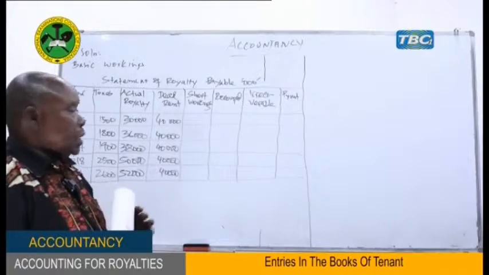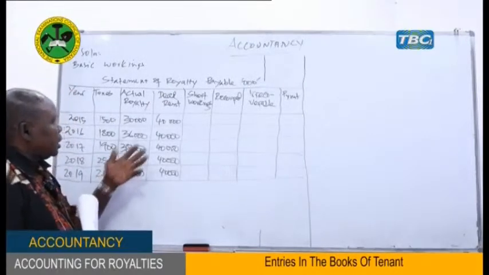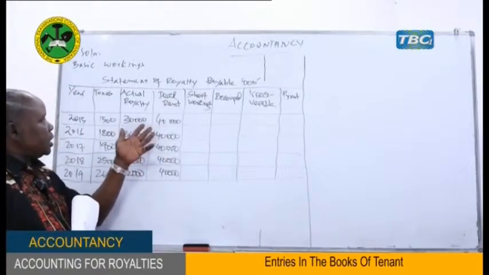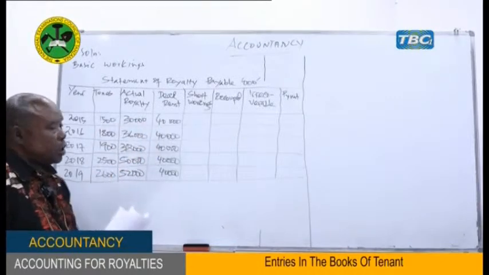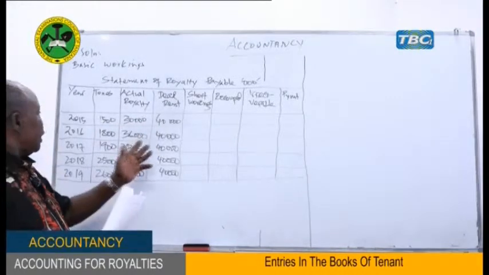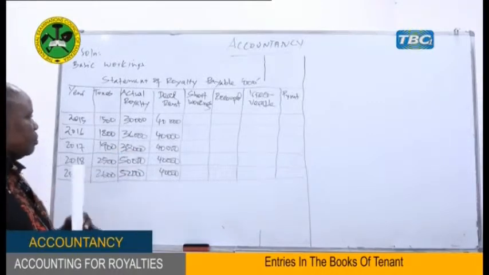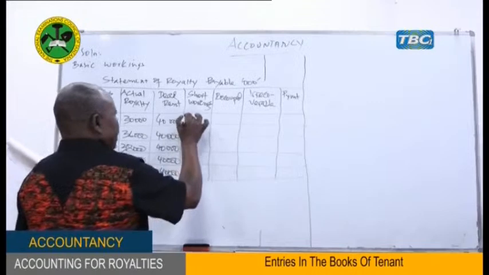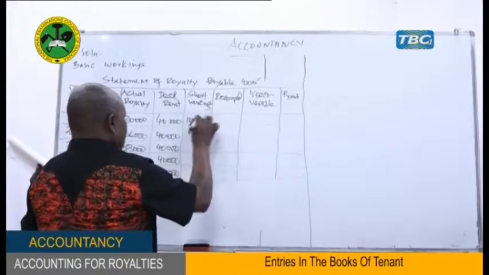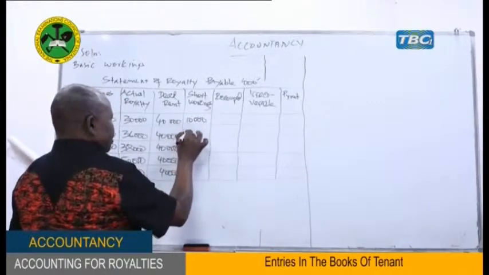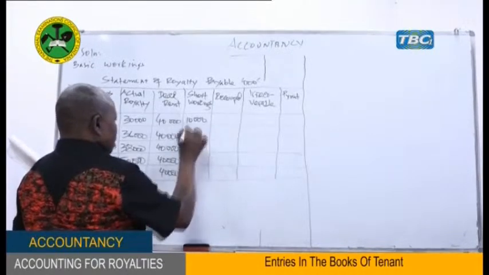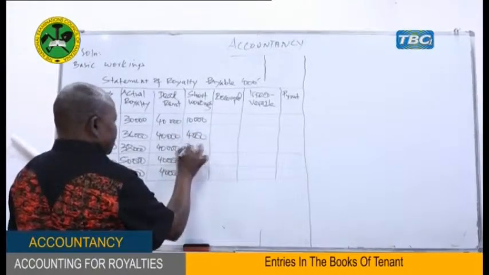Now, short working now is a difference between the daily rent and the actual royalty. Now, for the year 2015, the difference is 10. So we write here 10,000. Here the difference is 4,000. Here the difference is 2,000.